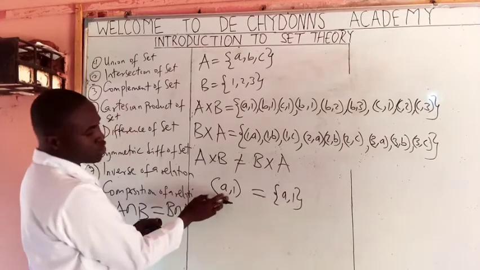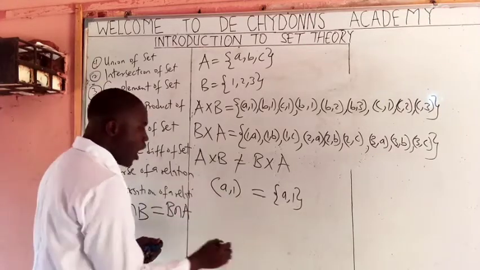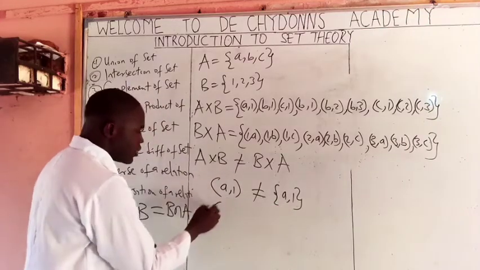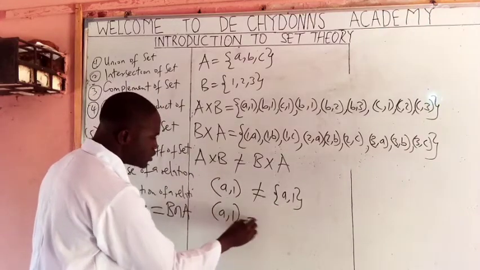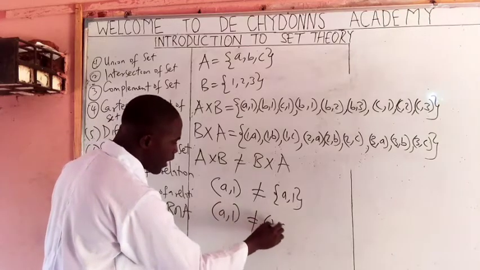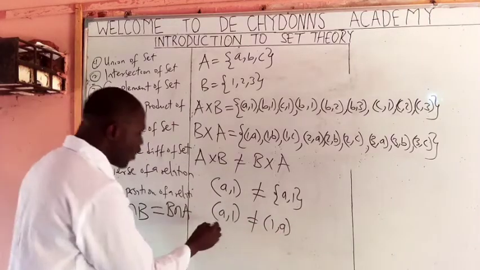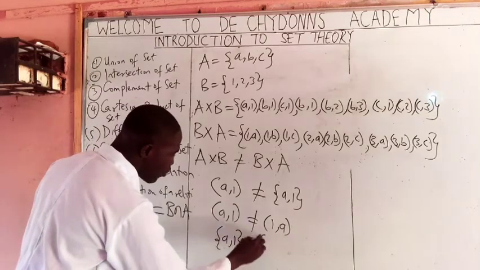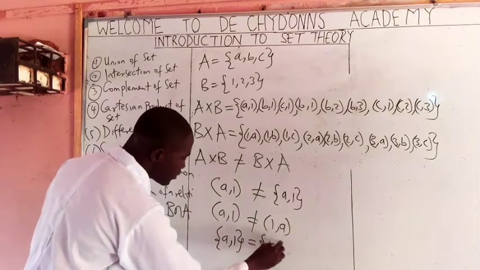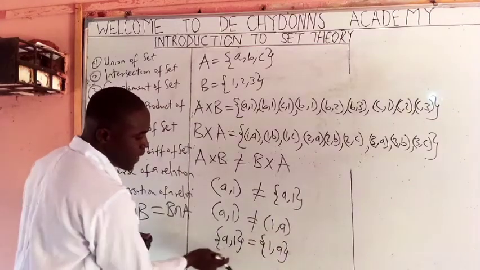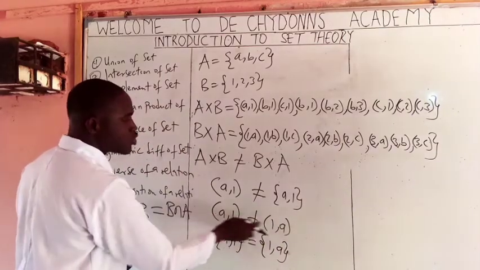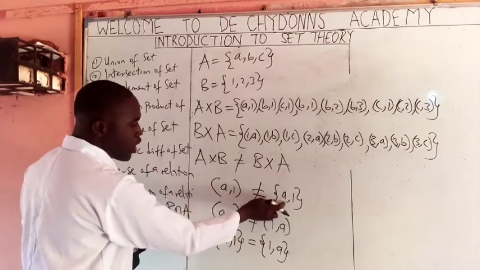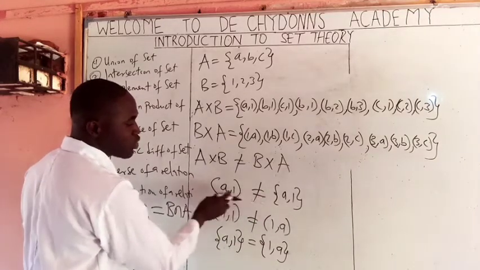But when you use curly brackets, A comma 1 is equal to 1 comma A. If you do not use curly brackets, they are not equal.